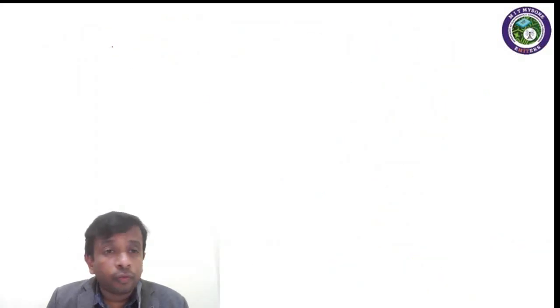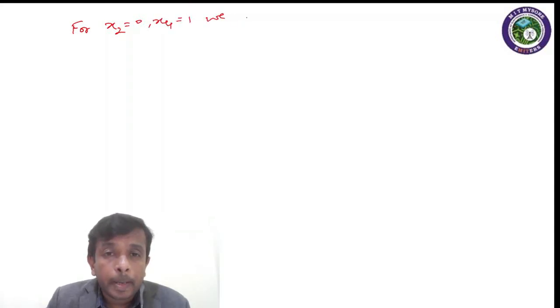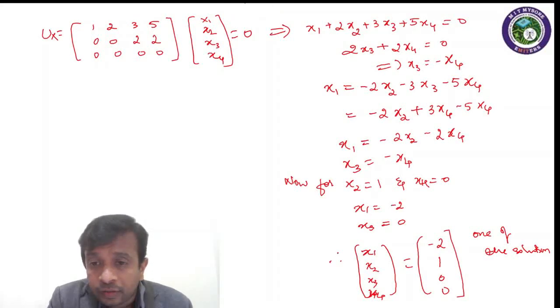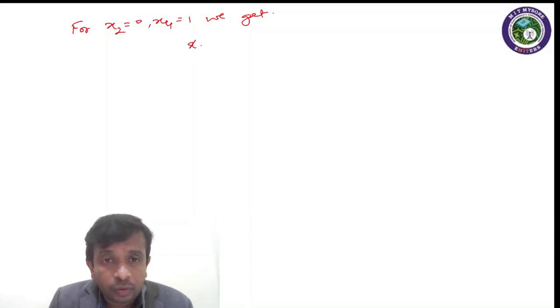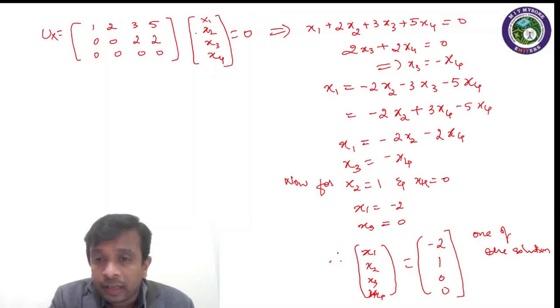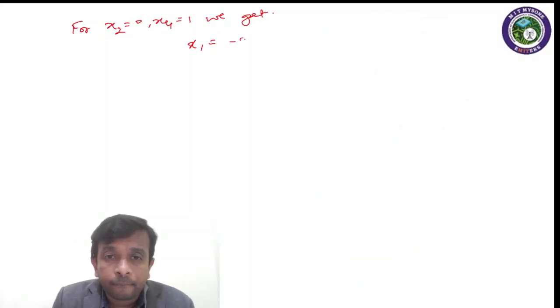Now, for x2 equal to 0 and x4 equal to 1, we get x1 is equal to minus 2 again, and x3 is equal to minus 1.